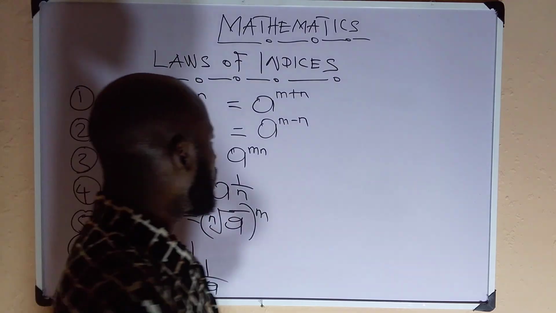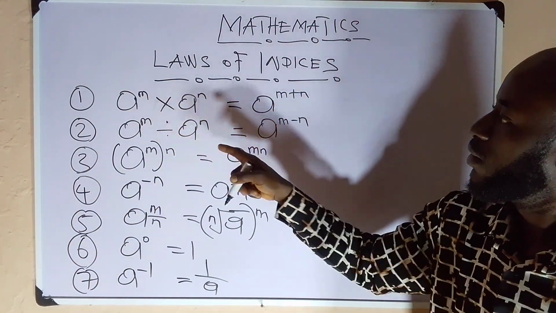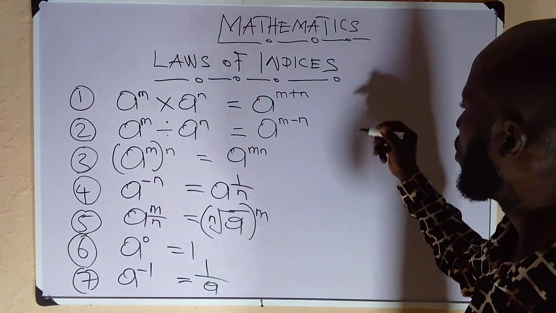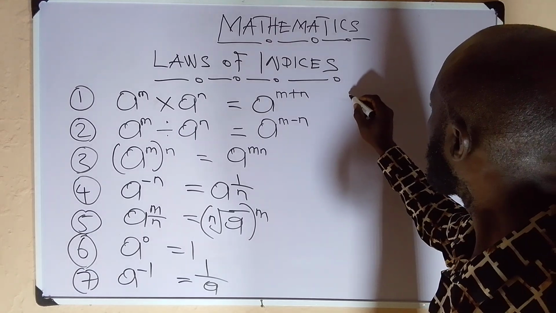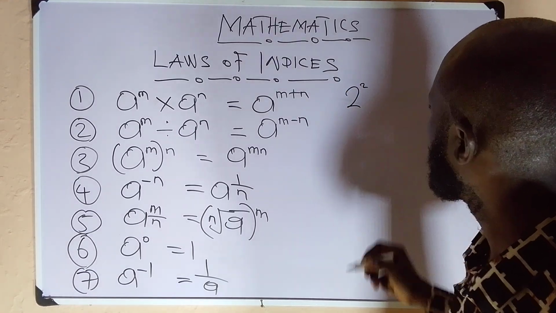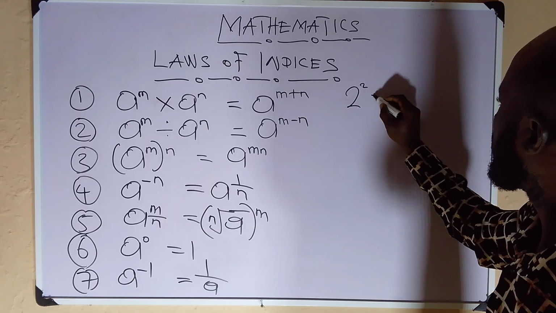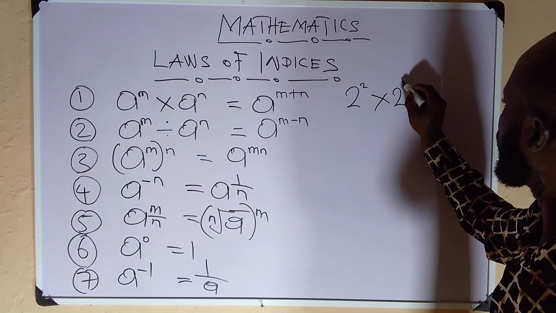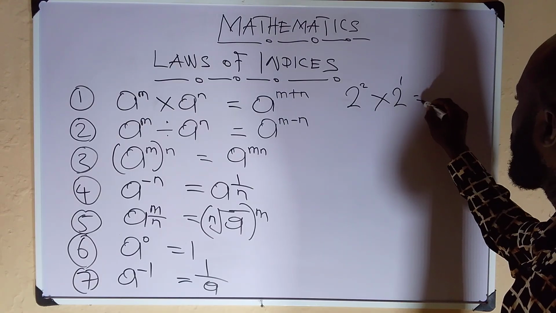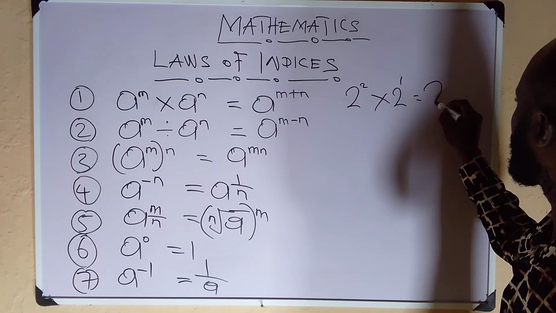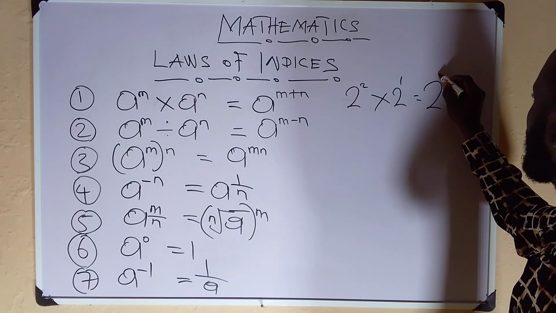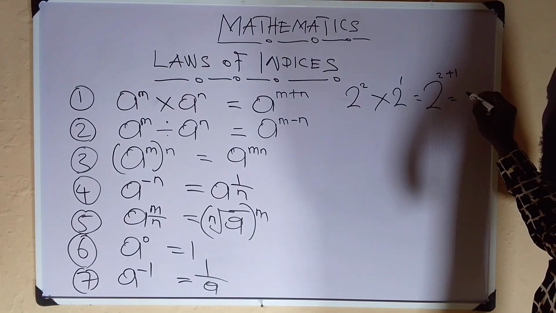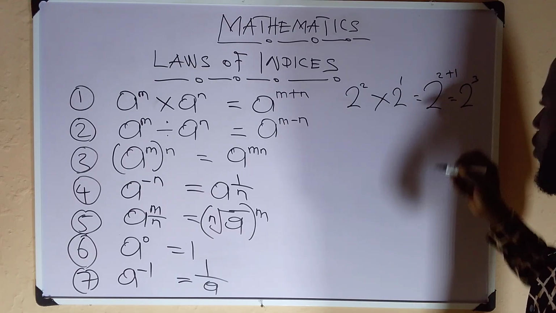Here, I want you to see something. a to the power of m multiplied by a to the power of n is the first law of indices. For example, if you have 2 raised to the power of 2 multiplied by 2 raised to the power of 1, you take one of the bases, 2 raised to the power of 2 plus 1, which is 2 raised to the power of 3.